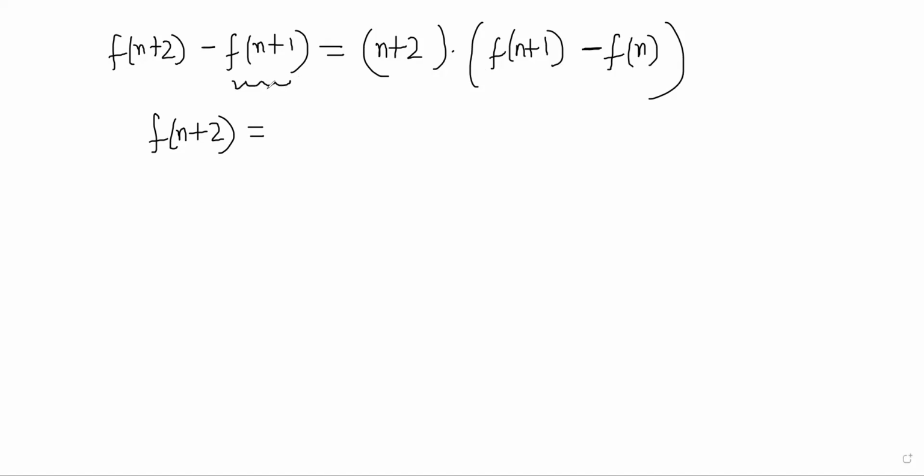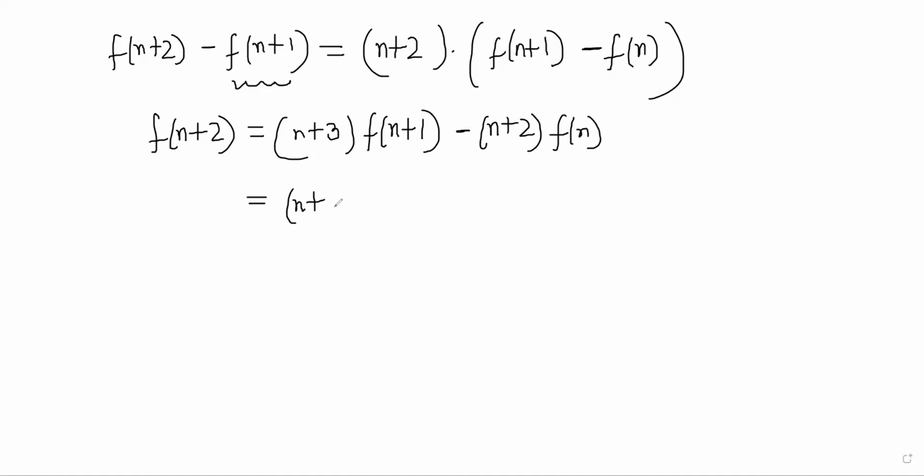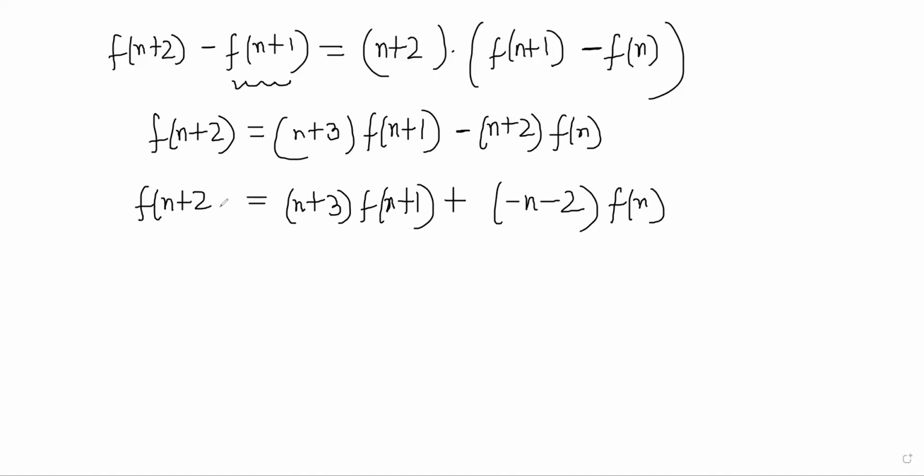So we'll transpose it to the RHS, and you will get n plus 3 times f of n plus 1 minus n plus 2 times f of n. And we can rewrite this as n plus 3 times f of n plus 1 plus minus n minus 2 times f of n. And notice that this is the form in which we wanted our solution.